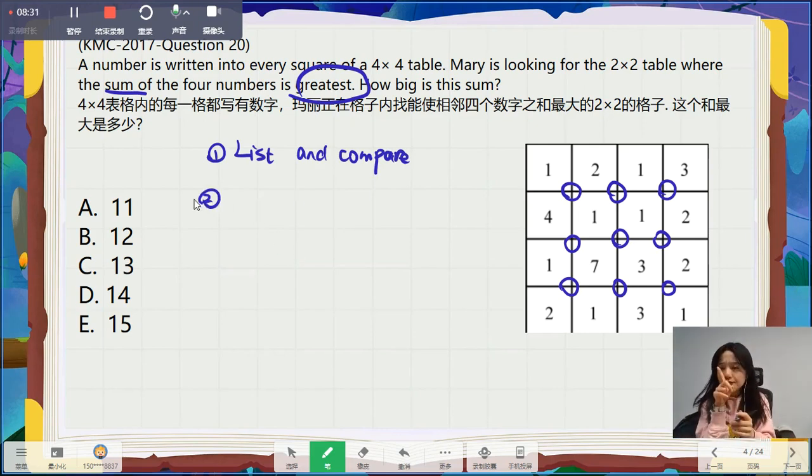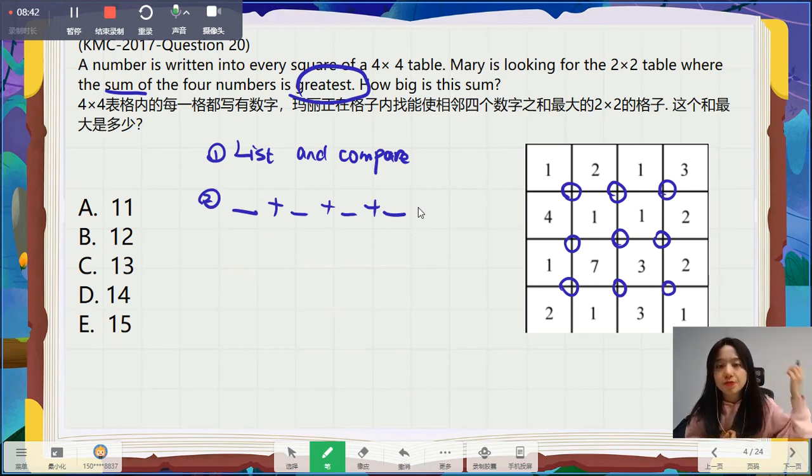Let's see, I want to find the greatest sum, and there are 4 numbers that should be added together. So, do I want all the 4 numbers as great as possible, or do I want a smaller one? Of course, we want it as great as possible, so let's find the greatest number among all boxes.